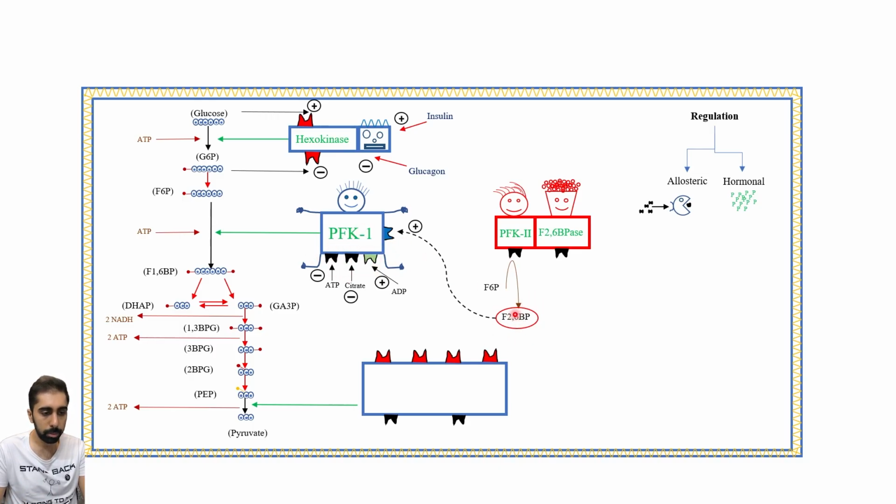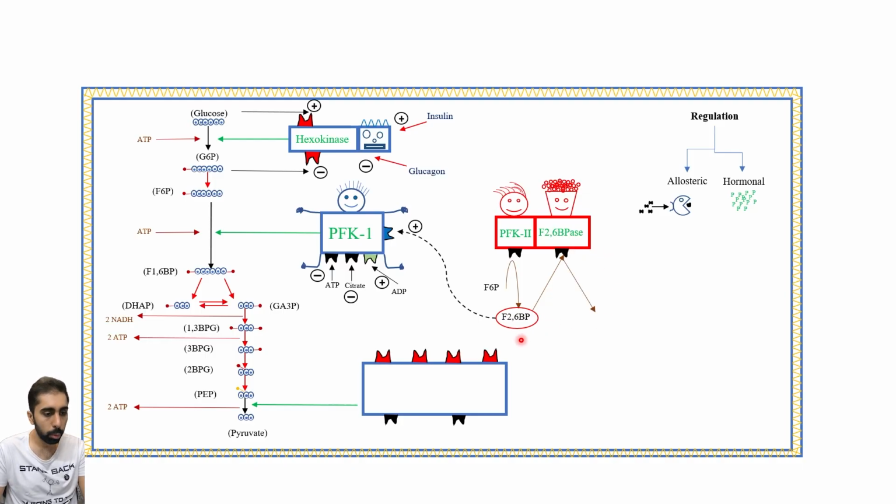So we have to do something to get rid of this molecule. What do we do? We have this enzyme here, fructose 2,6-bisphosphatase. What do phosphatase enzymes do? They remove a phosphate group.